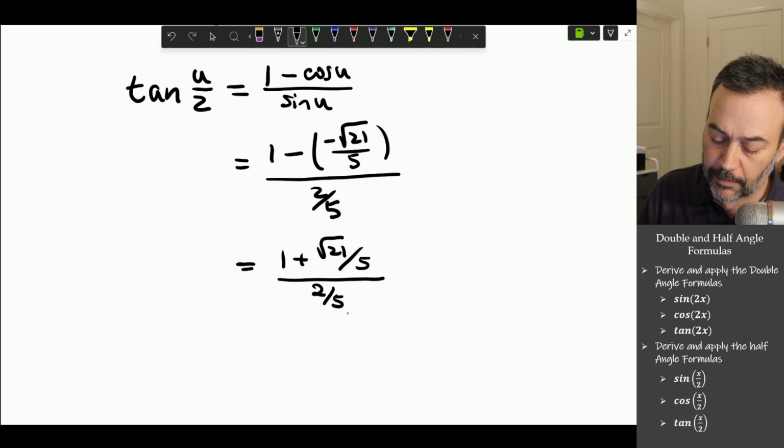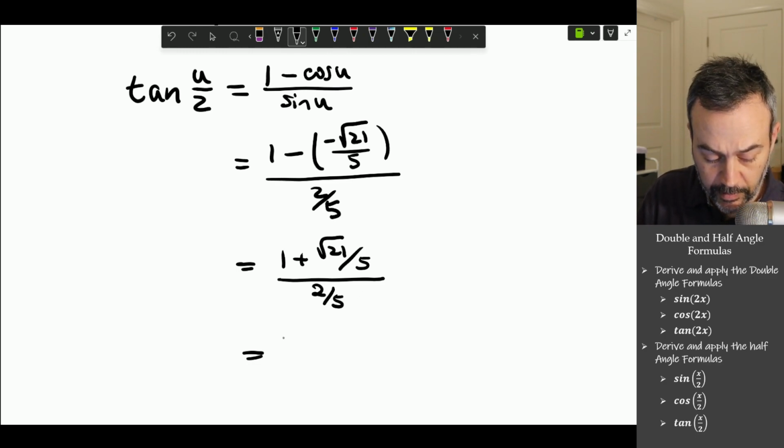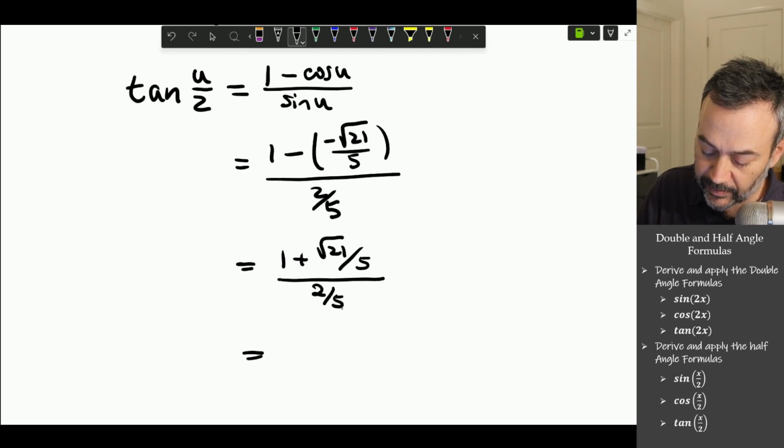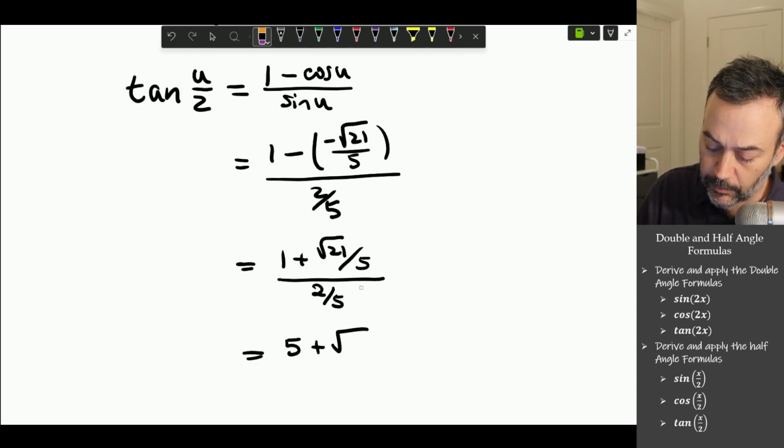I can multiply top and bottom by 5, or I can flip and multiply the fraction and distribute. Either way, the 5s are going to cancel. You'll end up with 5 plus root 21 over 2.